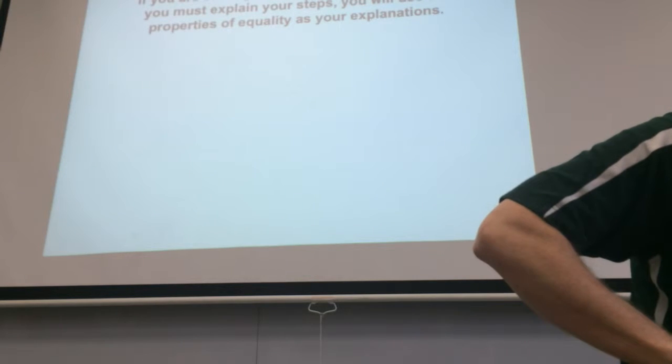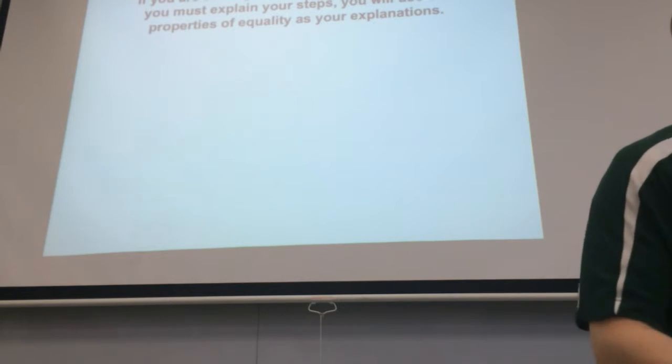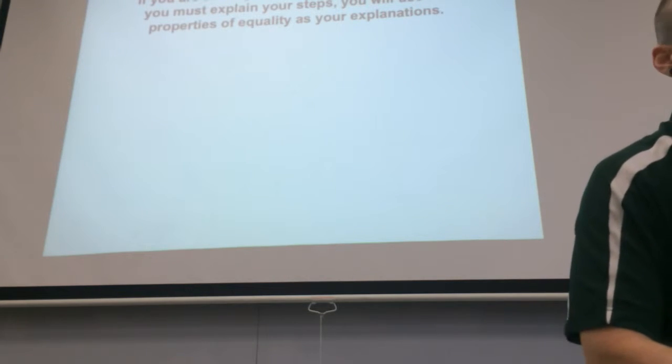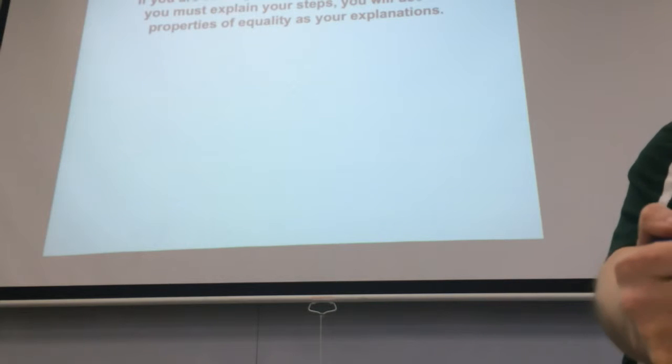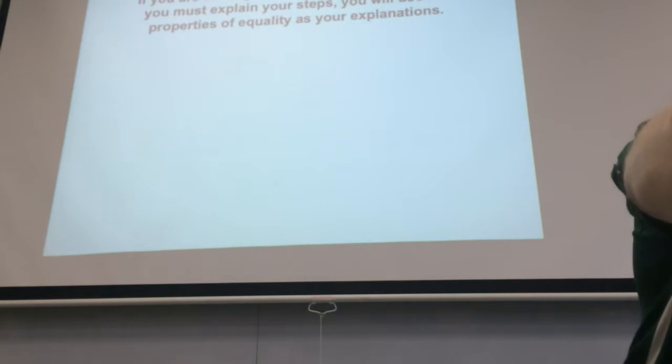So just to get a feel of what this would look like, I'm going to do 2 of these where it's just going to be an equation. And it's simply going to say solve the equation, but to give you a little bit more work involved, it'll say solve the equation and then explain each step. What I'm going to do now, you only have to do if the question actually says explain each step.